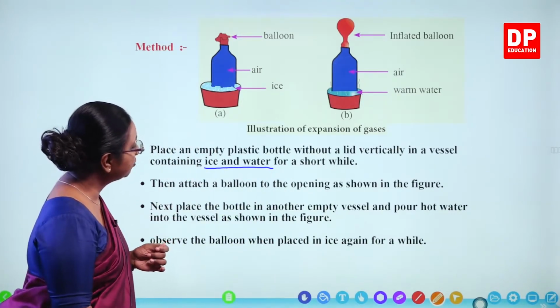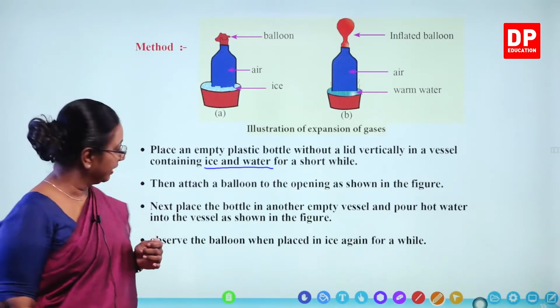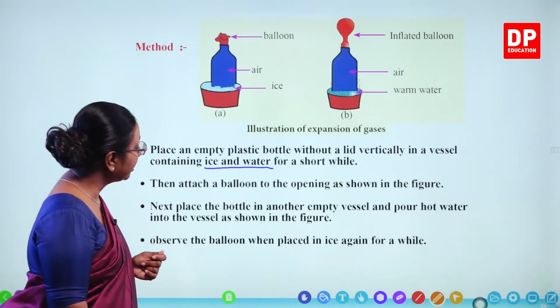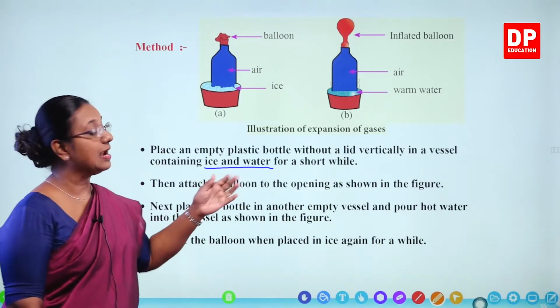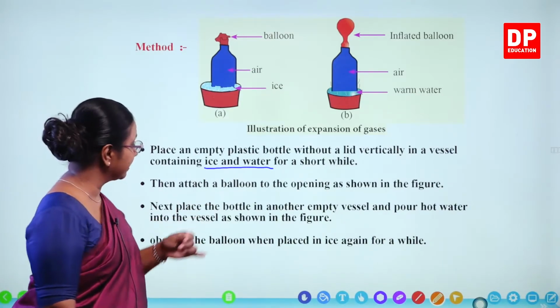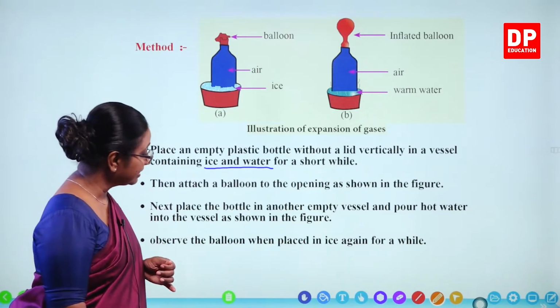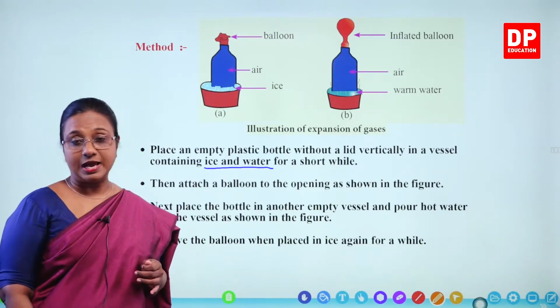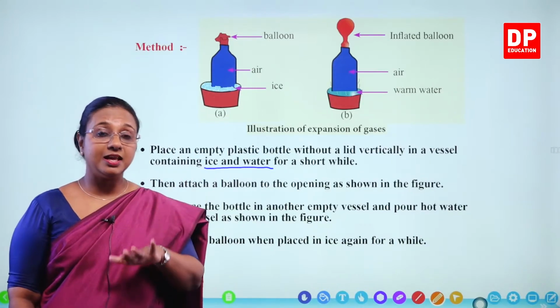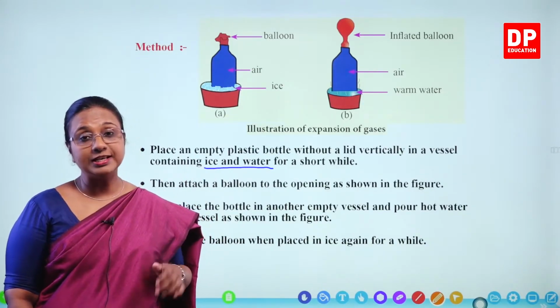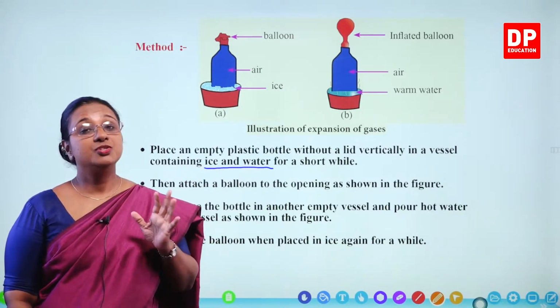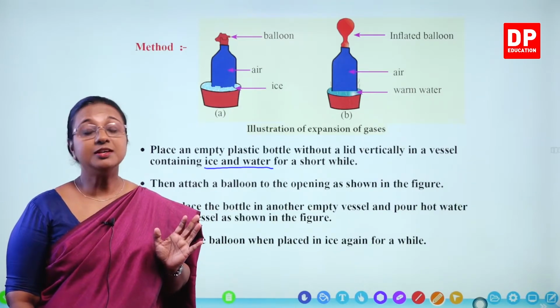Then attach a balloon to the opening as shown in the figure. Next, place the bottle in another empty vessel and pour hot water into the vessel as shown in the figure. Observe the balloon when placed in ice again for a while. So, first in ice, then in hot water or warm water, again back in ice. So, you can observe what happens to the balloon.